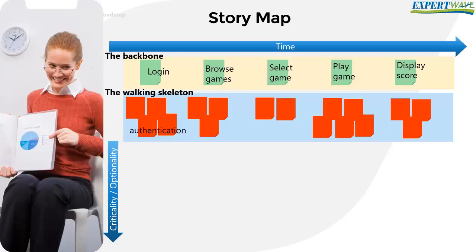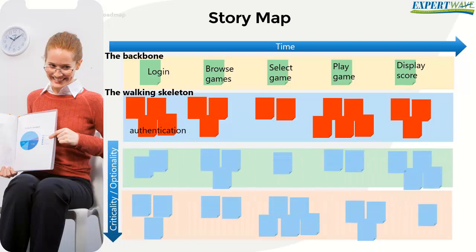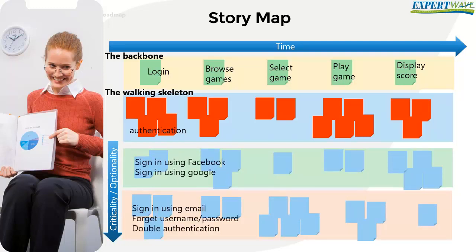Below the walking skeleton, we place all user stories stickies in descending order from the highest priority, optionality, or criticality. So in our example, there could be many ways to implement user authentication. We might have sign in using Facebook, sign in using Google, sign in using email, forget username or password, double authentication.